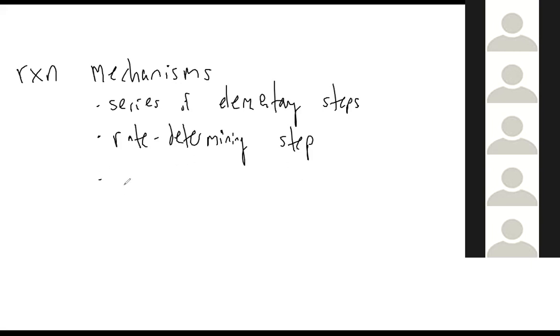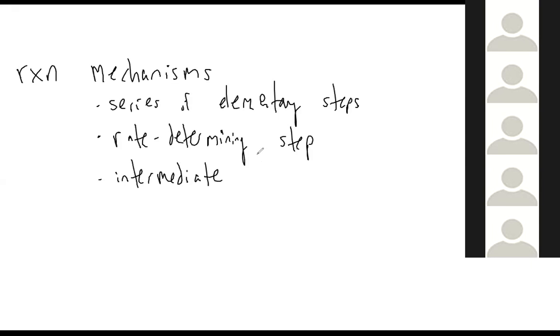Two key things that you guys need to be able to identify when you look at these steps, and again, we're about to practice this, I'm just kind of going over all the ideas. You must be able to look at a series of elementary steps and identify what is known as the intermediate. Mr. Thomas Hare, can you either use your microphone or use the chat and talk to us about what an intermediate is when it comes to reaction mechanisms?